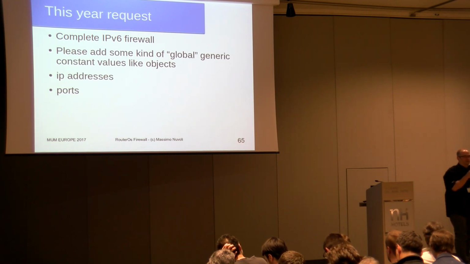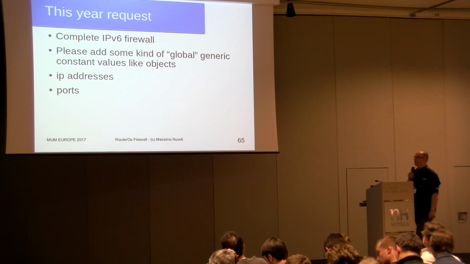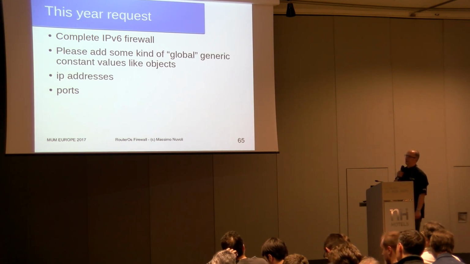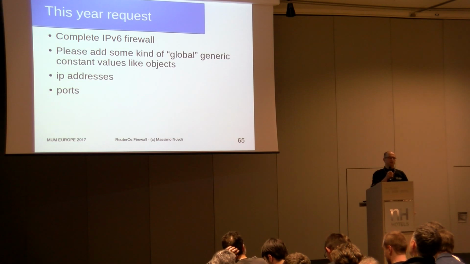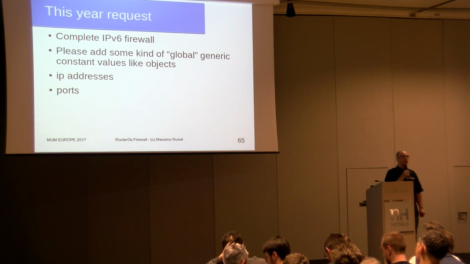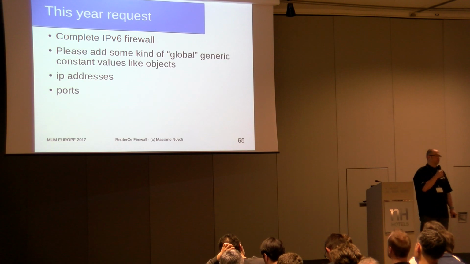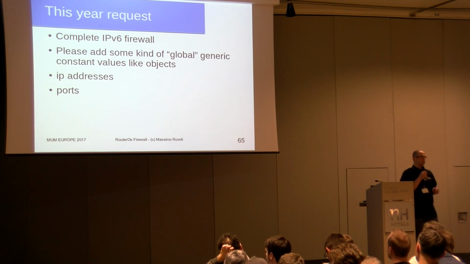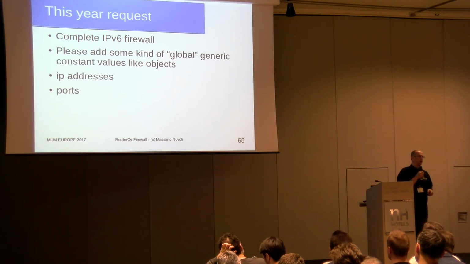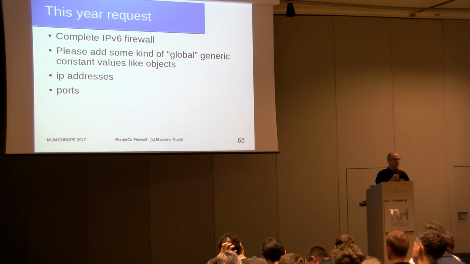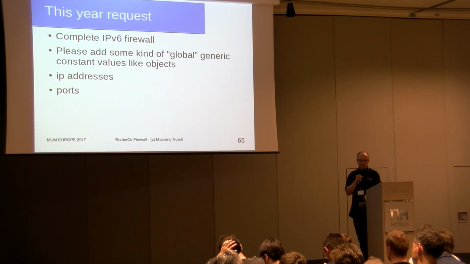And we need to complete this kind of optimization, something like objects, IP addresses and ports, defined in the same way as address lists and interface lists. So we can write rules without specifying IP addresses. This is most important for IPv6 because of the complexity of the IPv6 addresses.